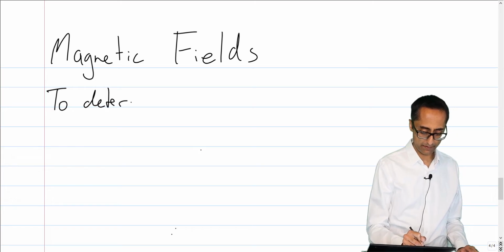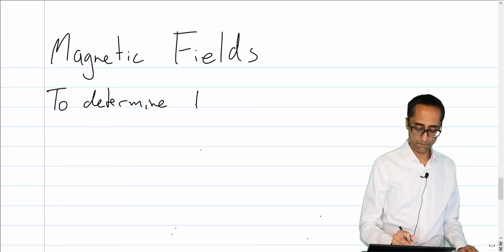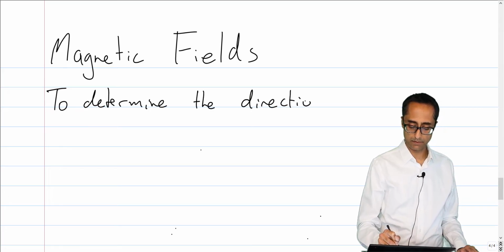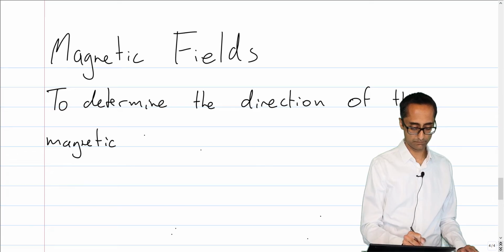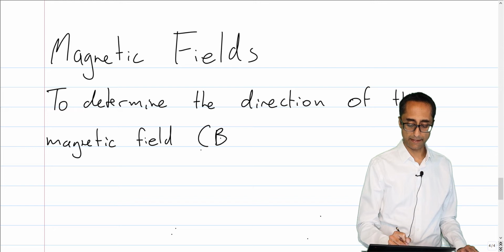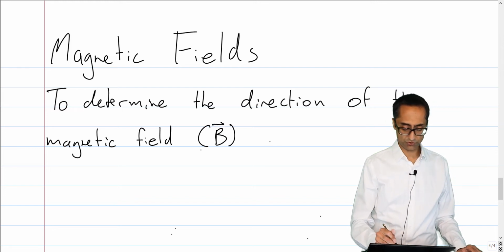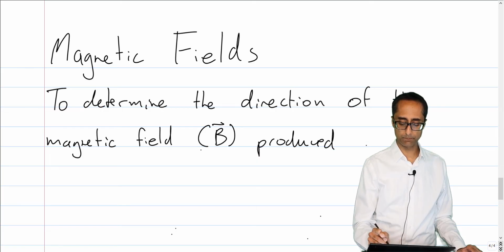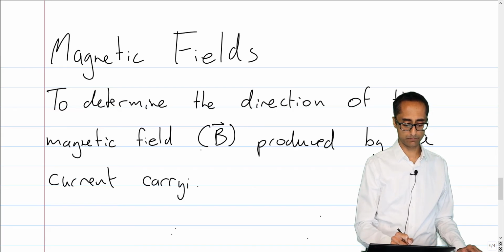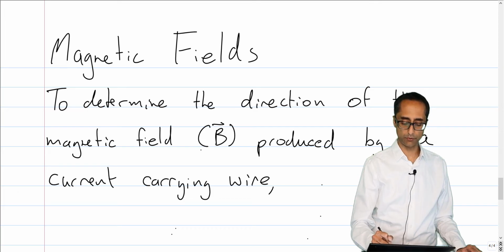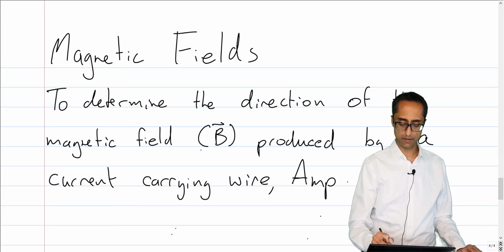So to determine the direction of the magnetic field, again, don't forget that's given by the capital letter B, produced by a current-carrying wire, we're going to use Ampere's right-hand rule.